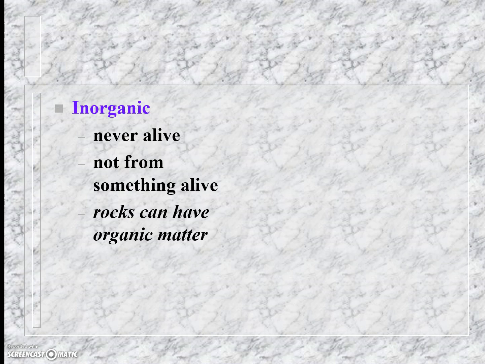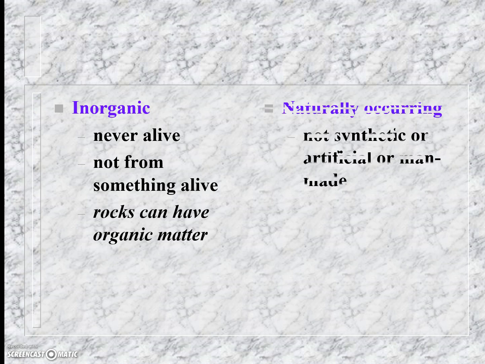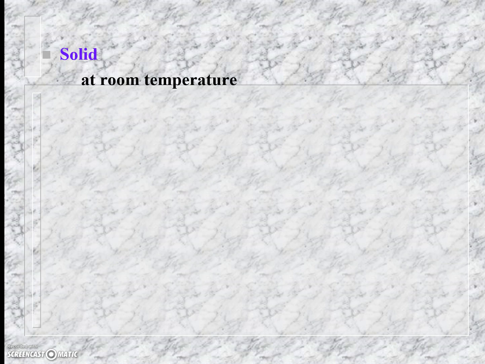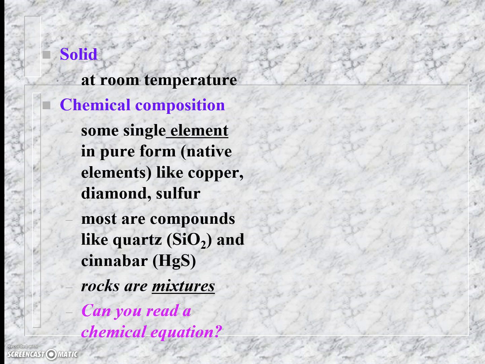Alright, so inorganic means it's never alive, it's not from something alive, and rocks can have organic matter. Minerals cannot. Naturally occurring means it's not synthetic or artificial or man-made. Solid means that it's a solid at room temperature. It doesn't mean that it's a solid when you put it into the fridge. So water is not a mineral because at room temperature it is a liquid.